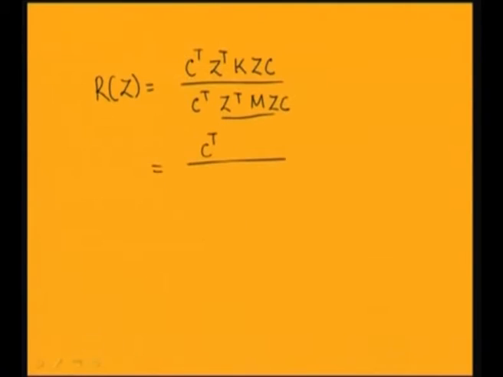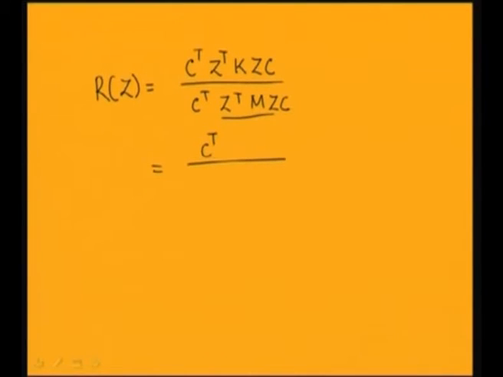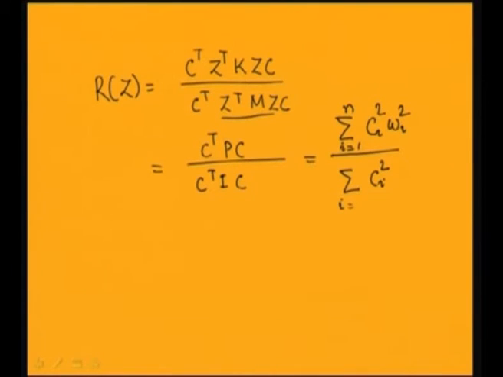If I write the diagonal matrix Z transpose K Z as the P matrix, then this is C transpose P C by C transpose I C. This equals the summation, i equal to 1 to n, of c_i square omega_i square, divided by the summation, i equal to 1 to n, of c_i square.